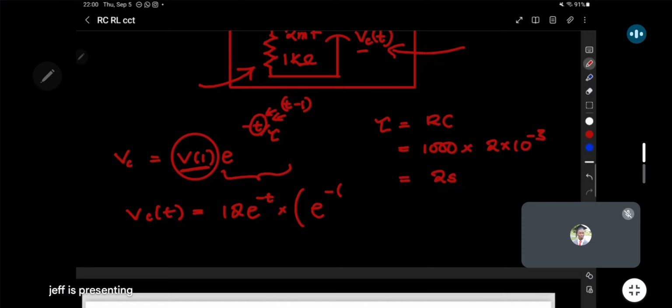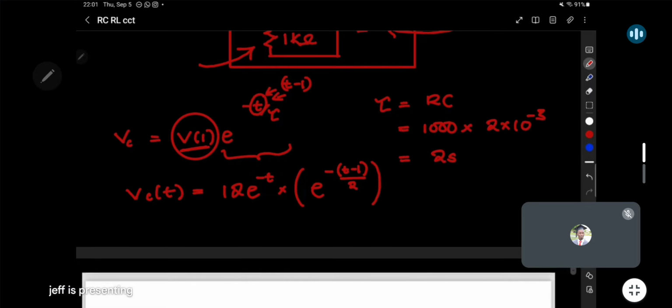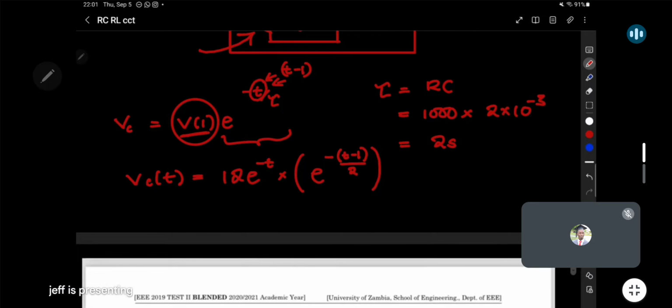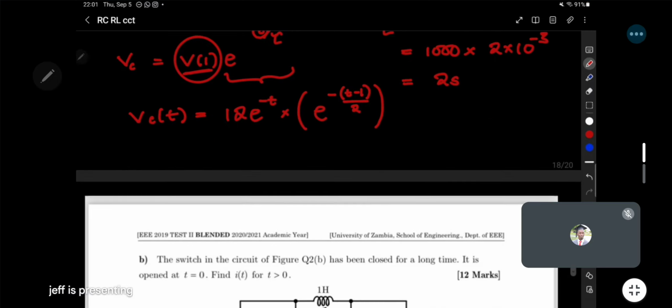We just discussed that time will be less by 1, but over the time constant. And you've seen that the time constant will be a 2. So this becomes the expression that we're going to work with. So from here now, it's just a matter of simplifying this. We're saying e and e, when you're multiplying the same base, just add the powers. So let's see how we're going to add those powers.